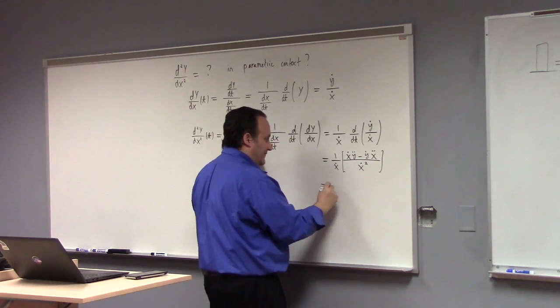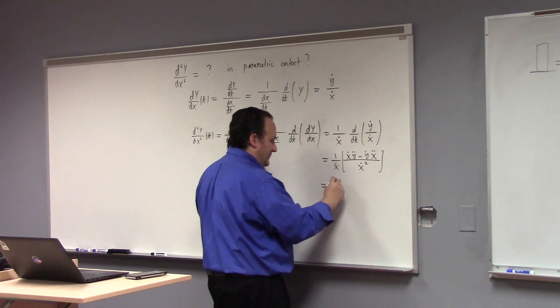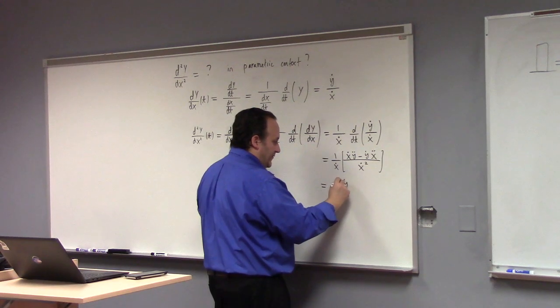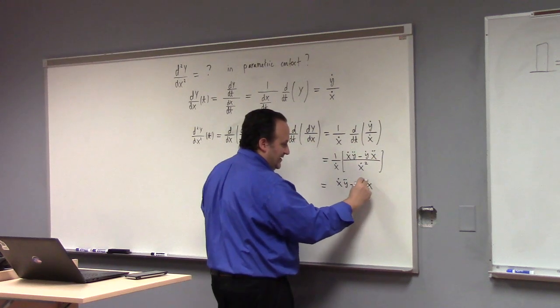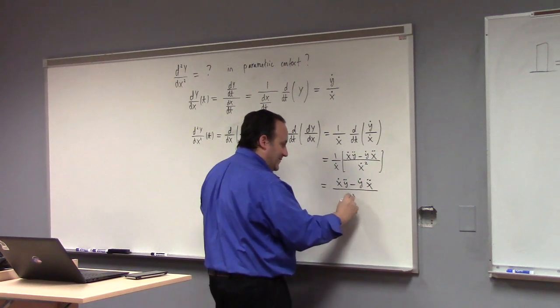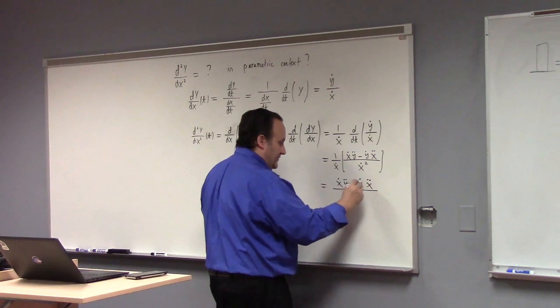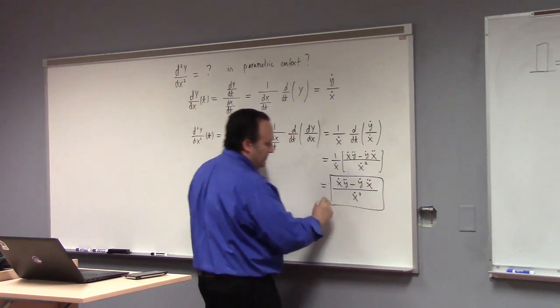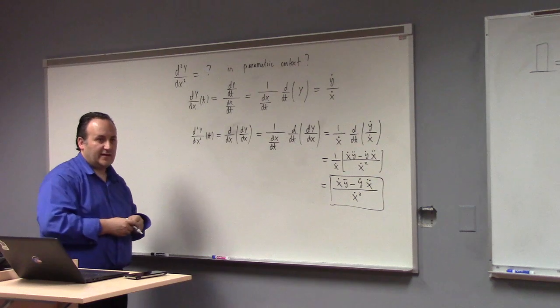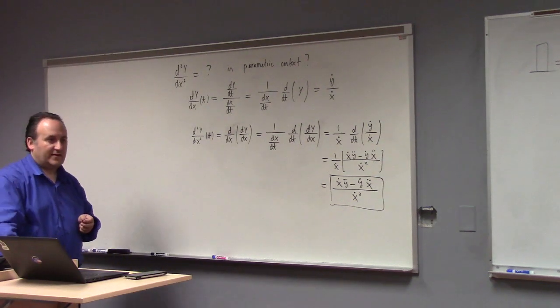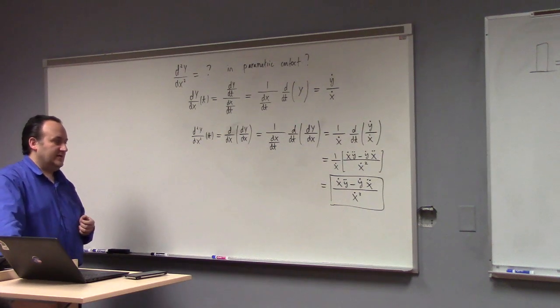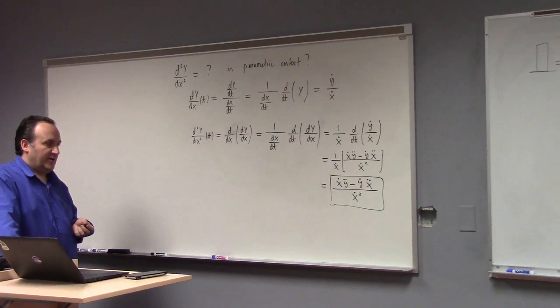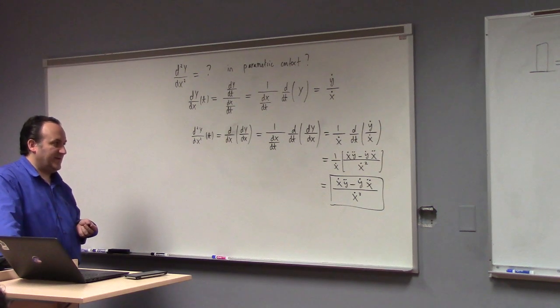So you can derive this straightforward formula: x dot y double dot minus y dot x double dot. It gives me joy to say double dot. Anyway, then x dot cubed down here. So here is a straight formula for calculating the second derivative of a function of x, parametrized as a function of t, in terms of the time derivatives of the parametric formulas for x and y respectively.